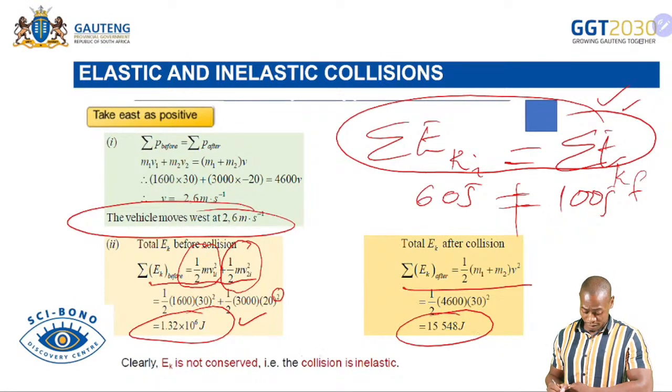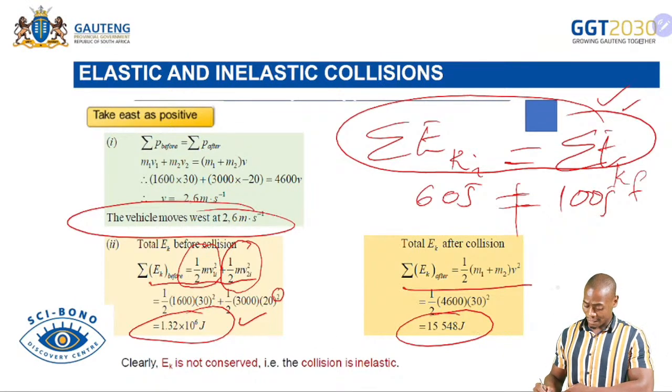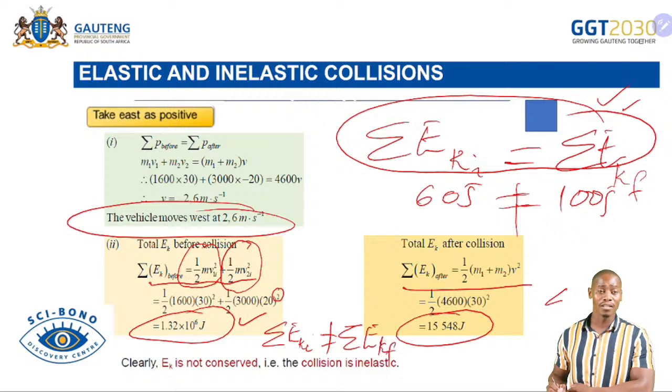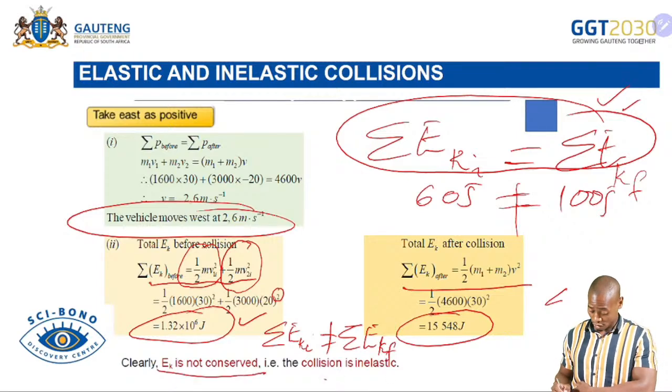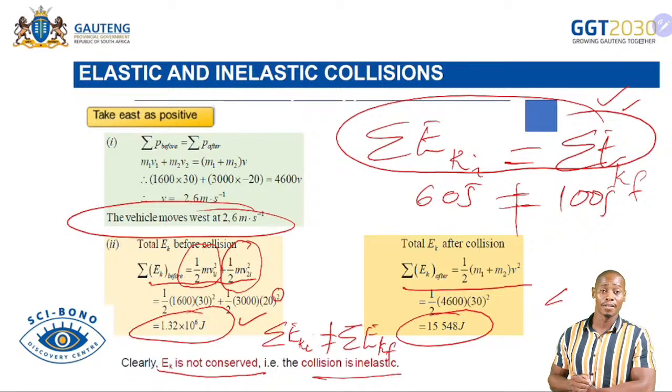So you'll see that the sum of Ek initial, or before collision, is unequal to the sum of Ek after collision. So since the total kinetic energy is not conserved, therefore the collision will be inelastic. This is how we can prove whether the collision is elastic or inelastic.